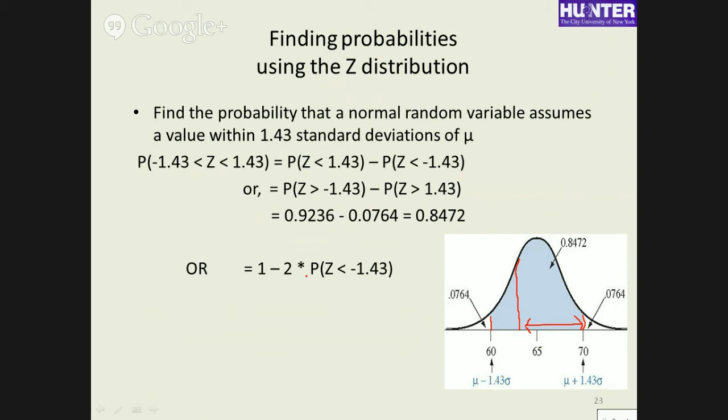The other way to do this would be to calculate the left tail probability, the probability of Z less than minus 1.43, and just double it. We can do that because it's a symmetric area, and of course we couldn't in an example where it isn't the same amounts on the left and right.